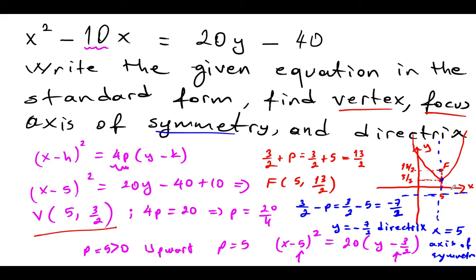So one more time, from the directrix to the vertex and from the vertex to the focus, these distances are equal to each other. Am I right? Do you have any questions? No question, right?